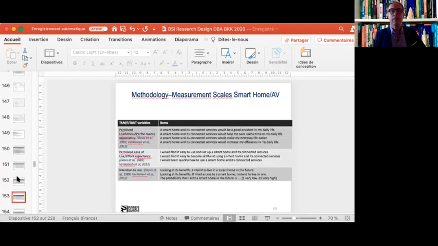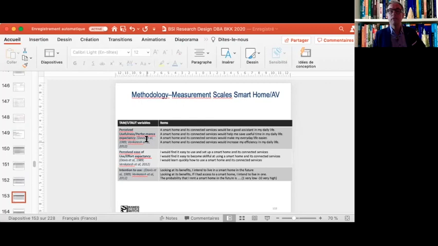We measured the TAM or UTAUT2 variables from the technology acceptance model with different items. For performance expectancy, we used Venkatesh and colleagues 2012. A smart home would be a good assistant in my daily life.